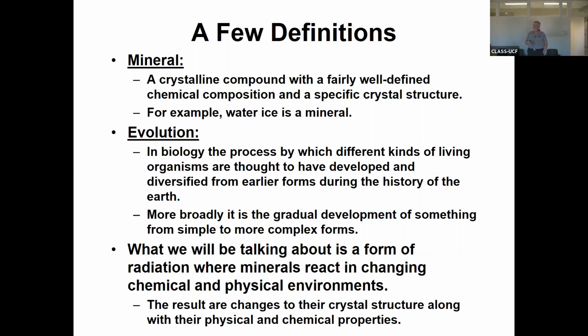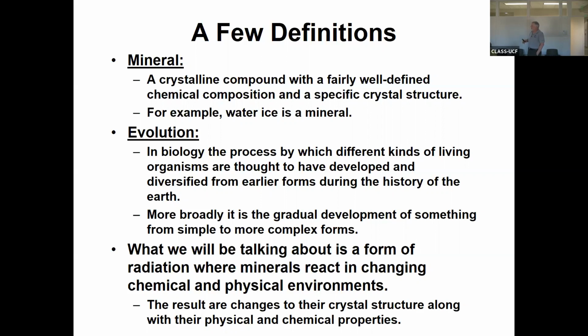Evolution is generally associated with biology. It's the process by which different kinds of living organisms are thought to have developed and diversified from earlier forms during the history of the Earth. A broader definition is that it's the gradual development of something from fairly simple forms to more complex forms.